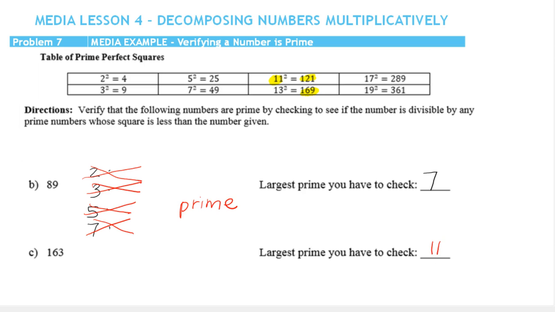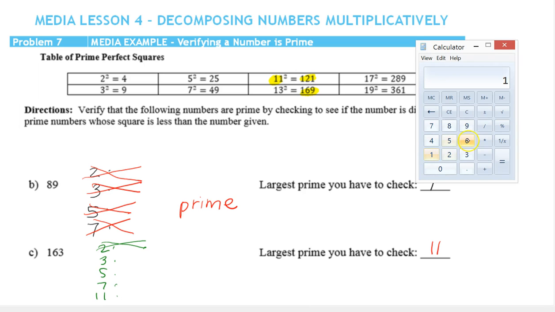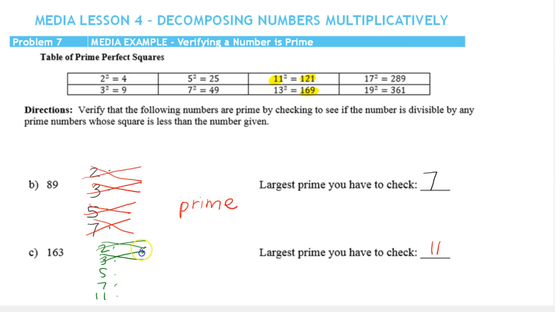So notice this means we only have to check to see if it's divisible by 2, 3, 5, 7, and 11, which is really not a lot of numbers to have to check. Okay. Well, it's not even, so it's not divisible by 2. Now let's check 3. 163 divided by 3. Well, there's a remainder, so it's not divisible by 3.